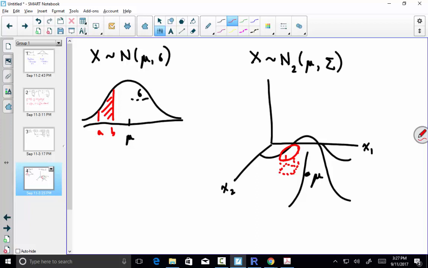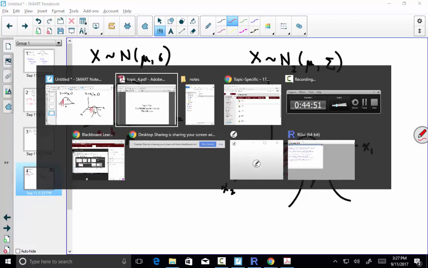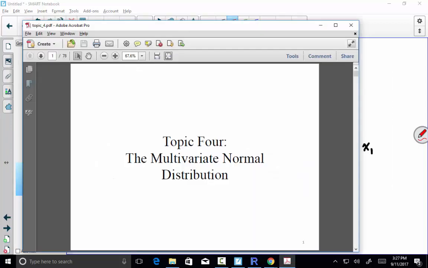So for a region of x1 and a region of x2, let's compute the area under this multidimensional curve, or the volume. So that's what this chapter is all about, the multivariate normal.